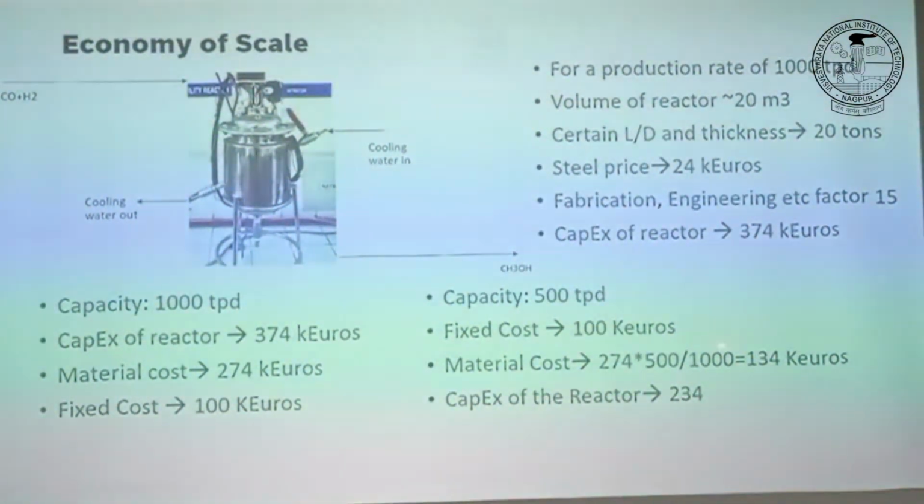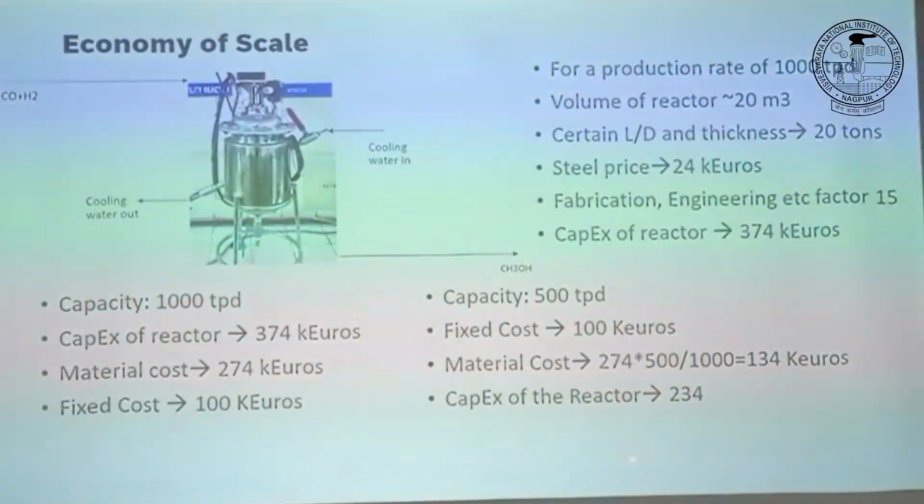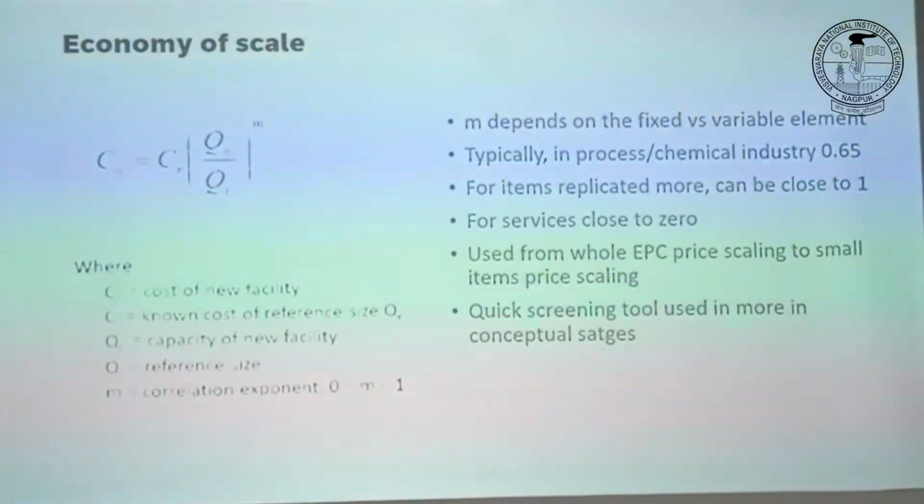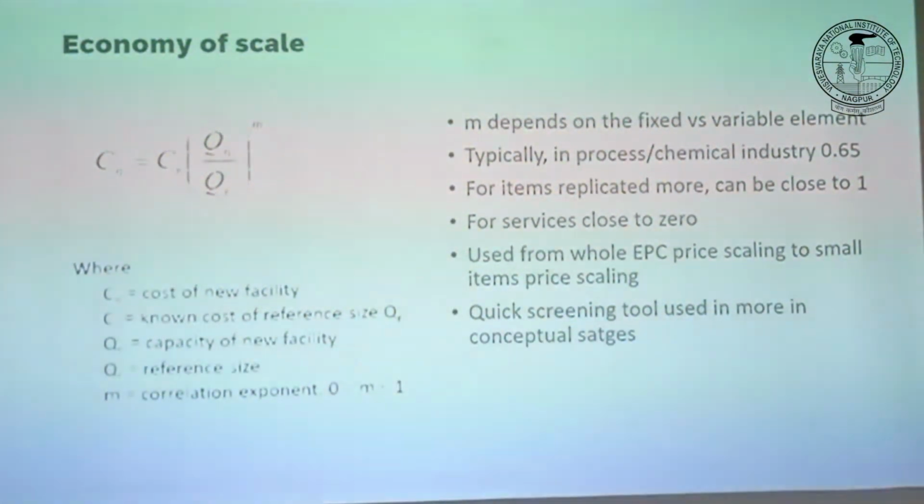So that's how you can calculate back your material cost. So cost for a reactor of this capacity is 374, cost for this capacity is 234. Right?